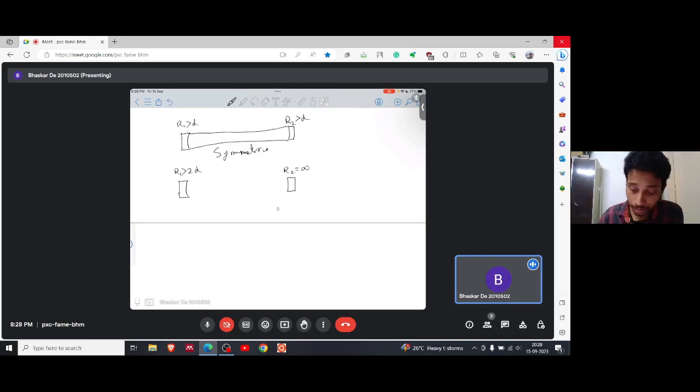So on one side it has a curved mirror and on the other side it has a plane mirror, so that makes this a half symmetric cavity.